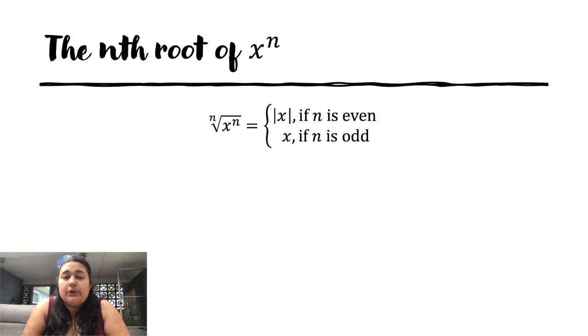So to ensure that I'm getting a positive answer with this variable, I'm going to put my absolute value signs on it so I know it is positive. This is only necessary when I'm taking the nth root of x to the n power and n is even. Even numbers, 2, 4, 6, 8.